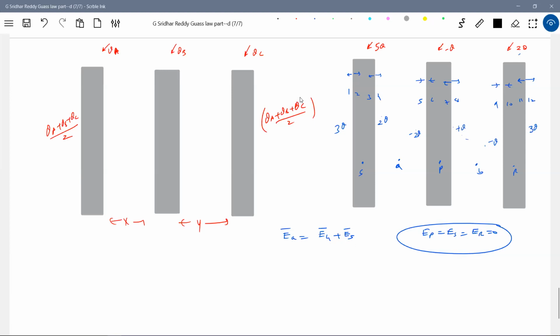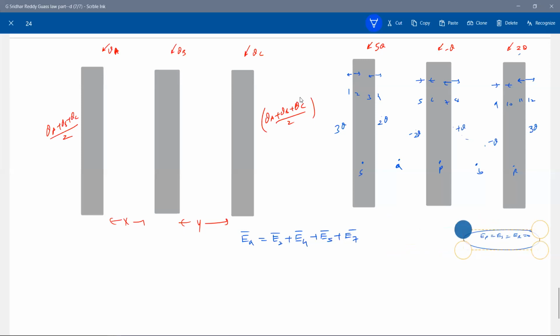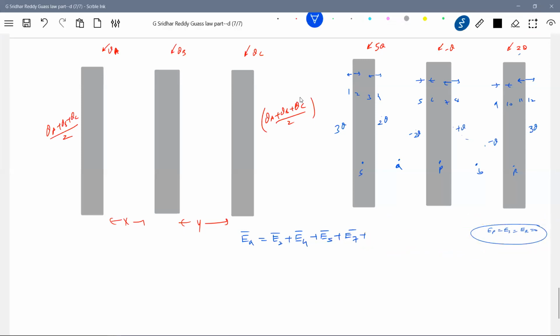But what is the correct method? Actually, I should write E2, E4, E5, E7, E9, E11. E2 and E11 will get cancelled out, so I'll write one expression. Group E2, E11, then E7, E9.